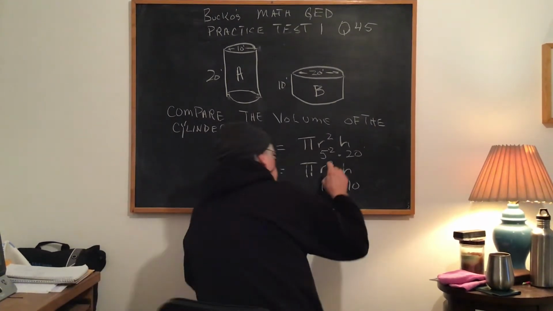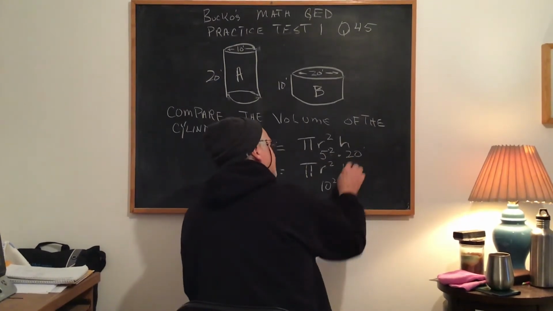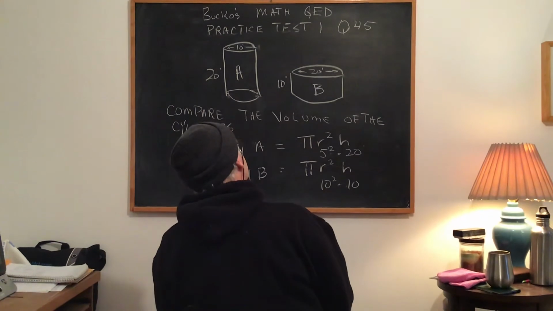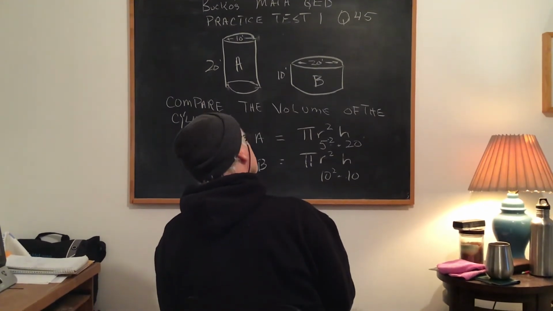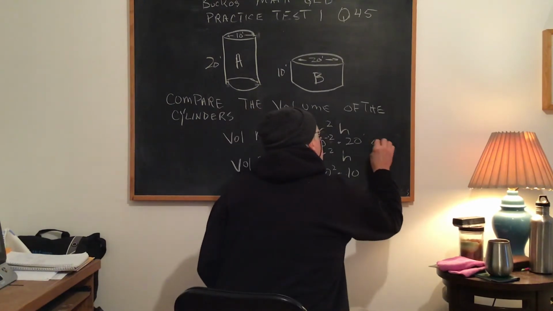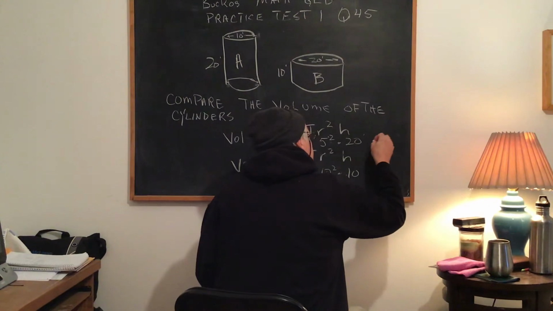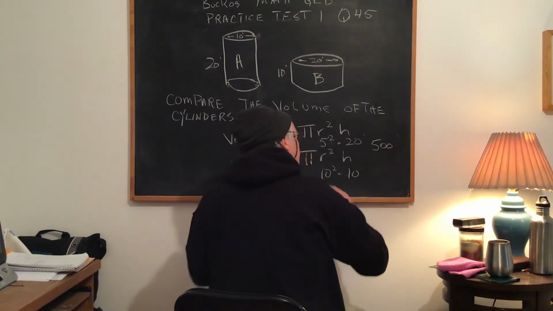So 5 squared is 5 times 5, which is 25, times 20 is 500. If you can't do that in your head, just use a calculator, it's all right. 500 units cubed.